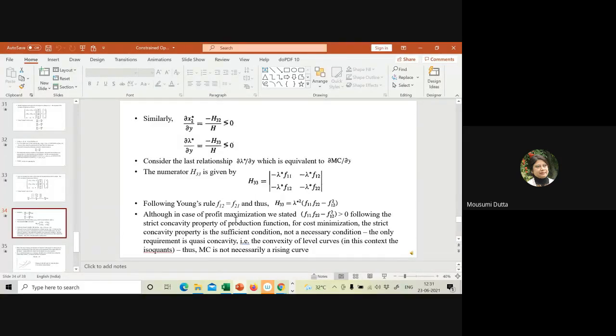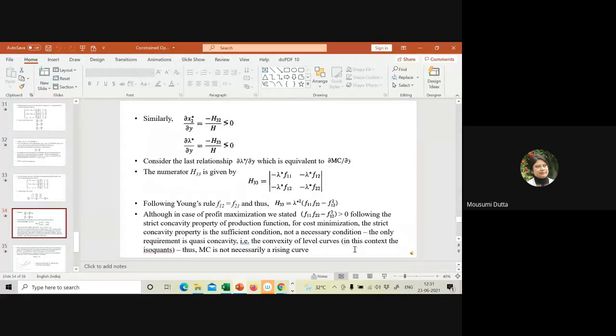So although in case of profit maximization we stated f11 f22 minus f12 square positive, following the strict concavity property of the production function, for cost minimization the strict concavity property is the sufficient condition, not a necessary condition. The only requirement is quasi-concavity, that is the concavity of level curves.